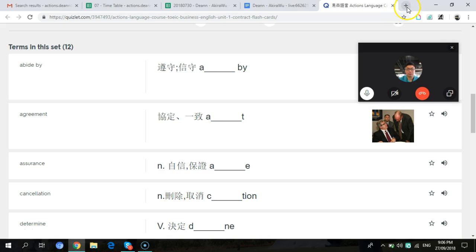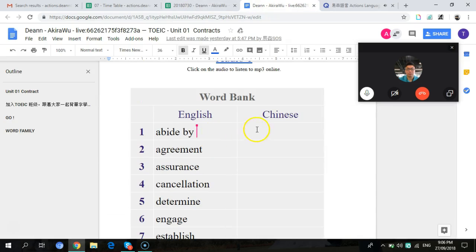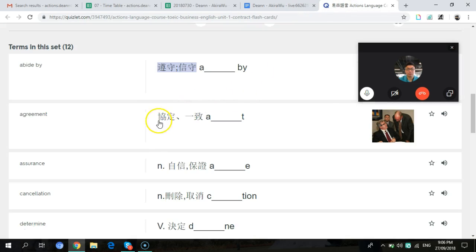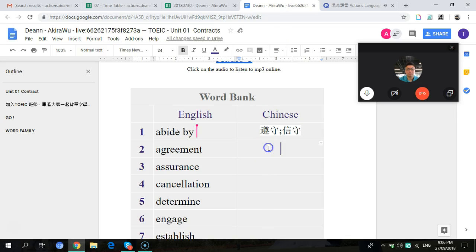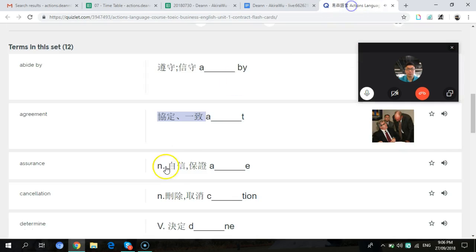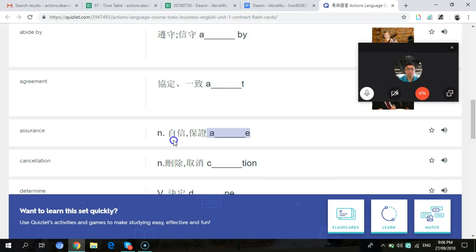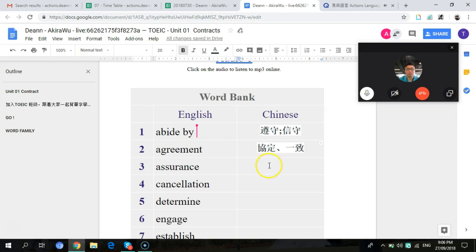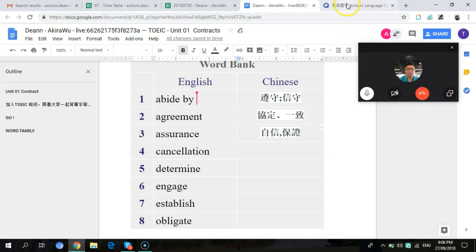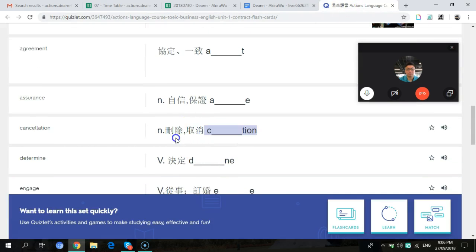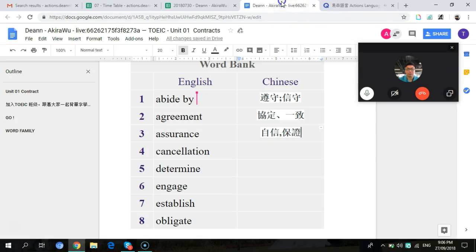So I will put the Chinese meanings of these words, so you can have your references.